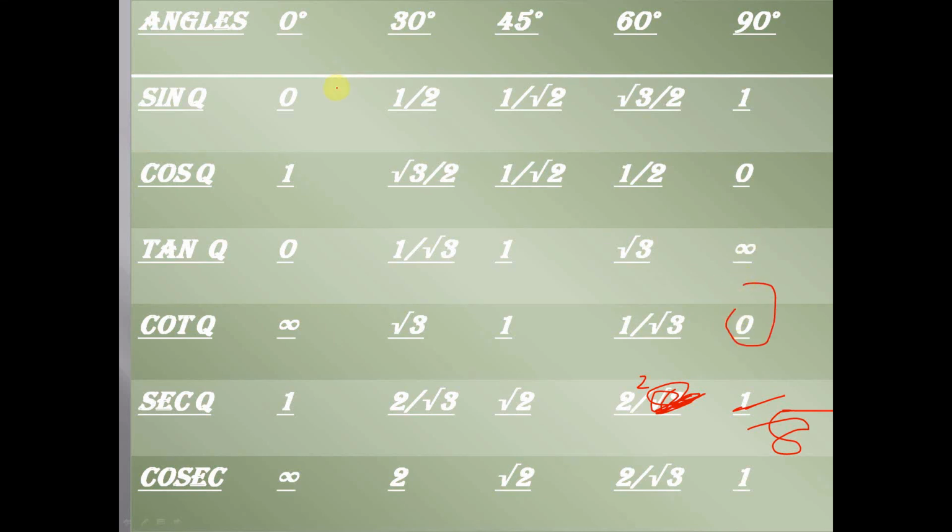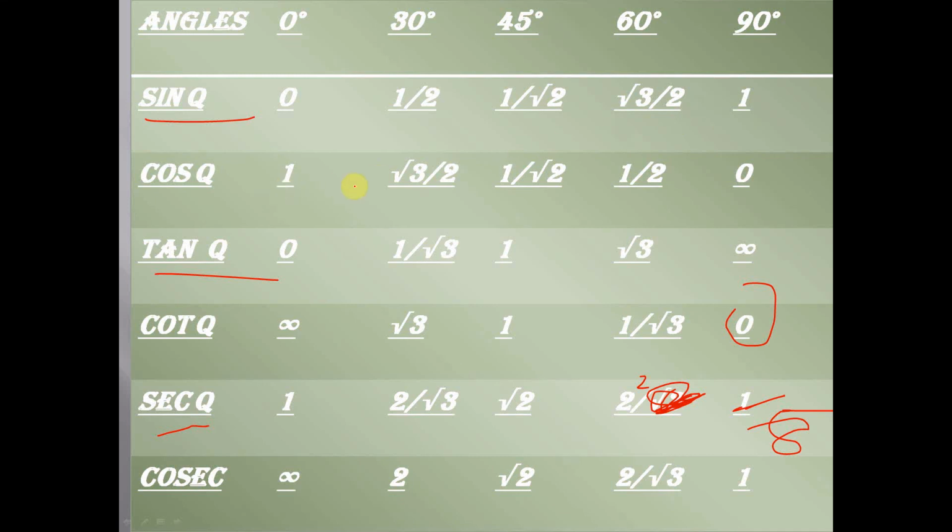Now I will show you how to learn it. First, you have to only learn the values of sine, tan and sec theta. See, we have observed the pattern: 0, 1 by 2, 1 by root 2, root 3 by 2, 1.